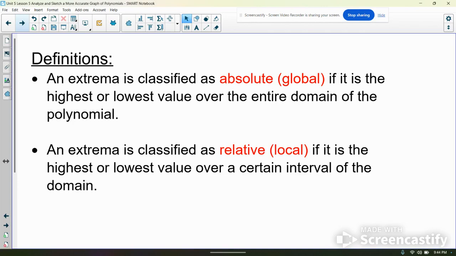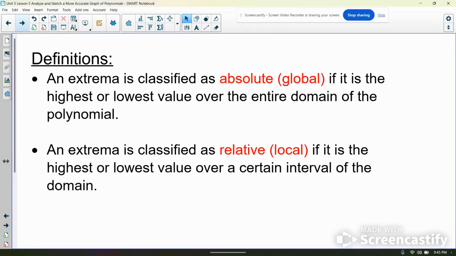Absolute extrema only occur on even exponent polynomials. So your x squareds, x to the fourth, x to the sixth, etc. When they have an odd exponent, their domain is always negative infinity to infinity, which means that there is never an absolute low or an absolute high for that kind of polynomial.